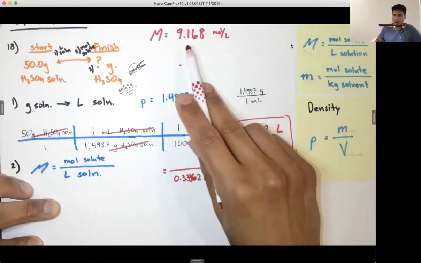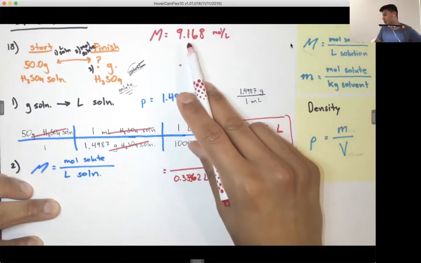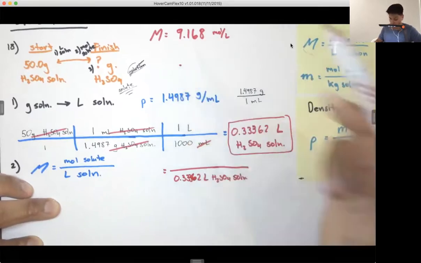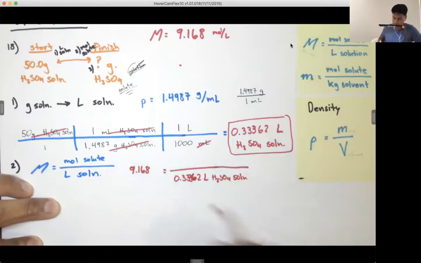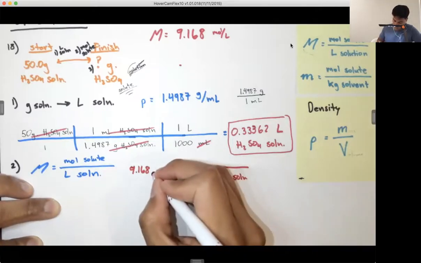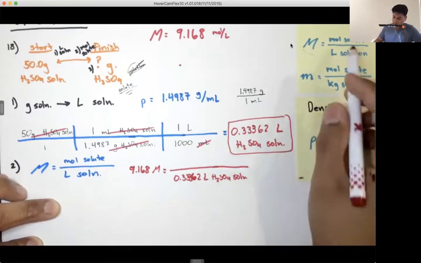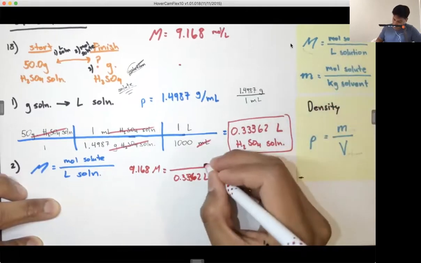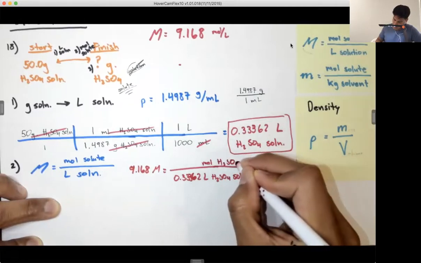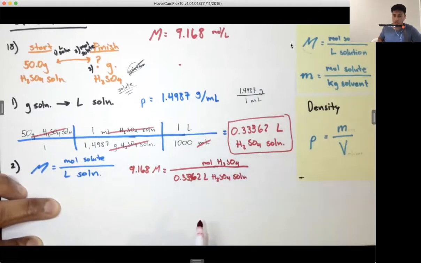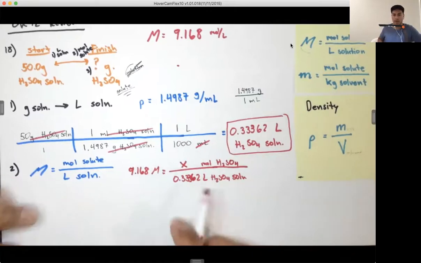No. It's right here, right? Oh, yeah, that's the first thing they give you in the problem, right? A 9.168 molar aqueous solution. So here we have 9.168, right? Moles, molar, right? Okay. And then do we know the moles? No, we do not. So I'm going to make that X. Okay. We don't know moles.